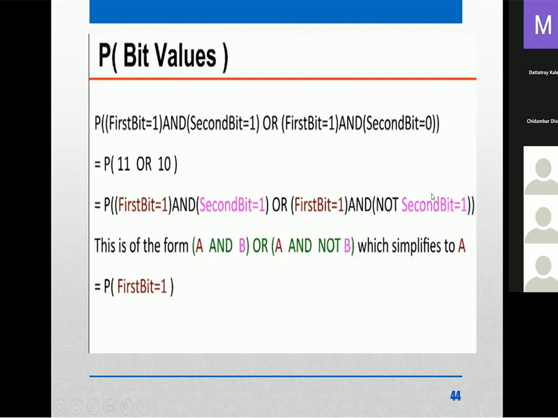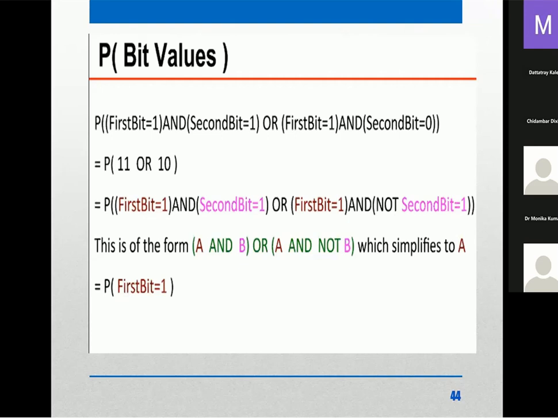We are converting that. Not 1 is a 0. This is of the form A and B or A and not B, which simplifies to A, that is P of the first bit being 1.